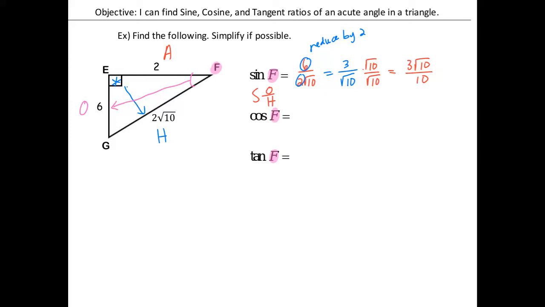All right, so now let's look at cosine. That's CAH. My adjacent side is what? 2 over hypotenuse, which is 2 root 10. And again, I can reduce by 2.